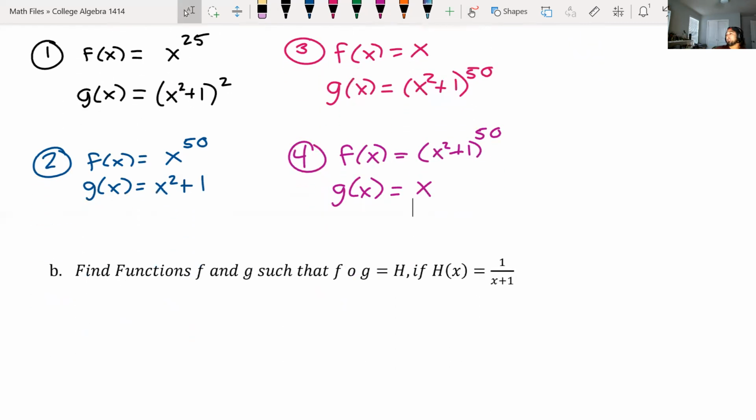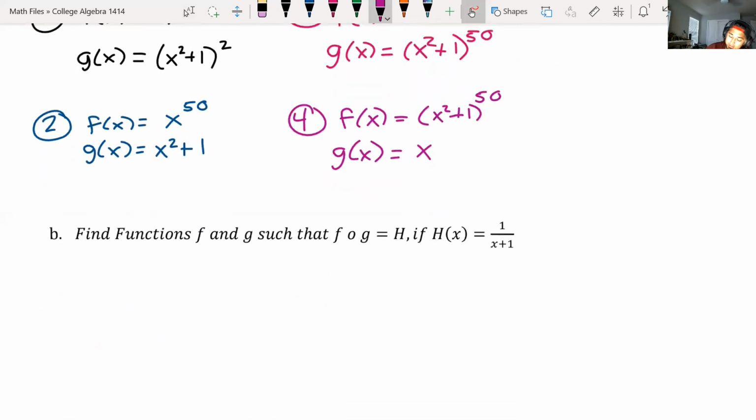Which means let's try it one more time. So here they give us the composition function 1 over x plus 1. All right, so what is my f of x and what's my g of x? You could even steal from my 3 and 4.